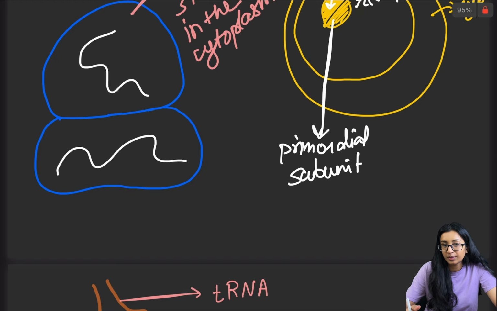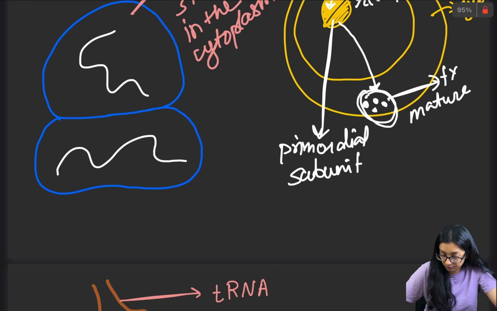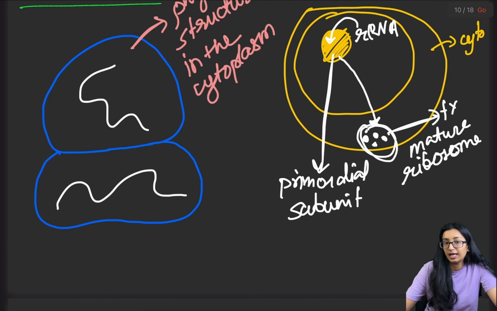Now these primordial subunits will go out into the cytoplasm through the nuclear pore. So it will come out here. Then these subunits will come out together and form a mature, functional ribosome. And this is how the ribosomes are formed.